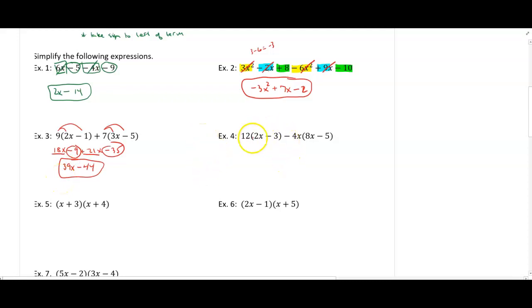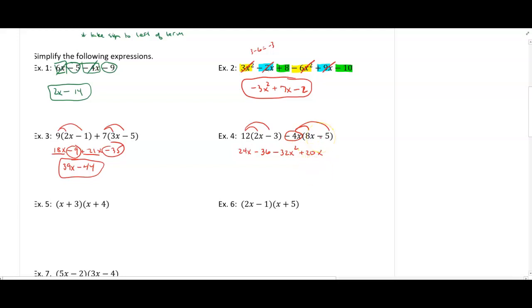So when I look here, right, 12 times 2x is going to give me 24x. 12 times negative 3 is minus 36. Now, negative 4x times 8x is going to give me minus 32x squared. And then negative 4x times negative 5 will give me plus 20x.